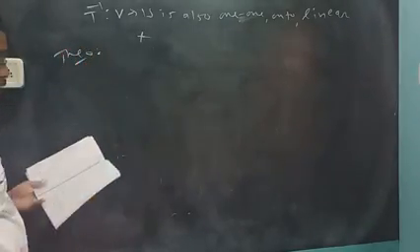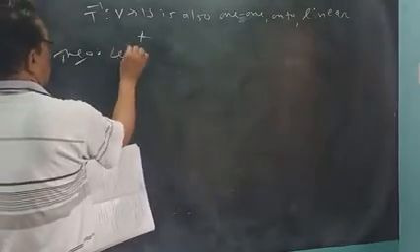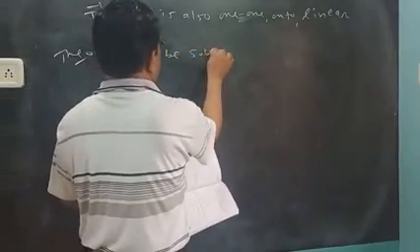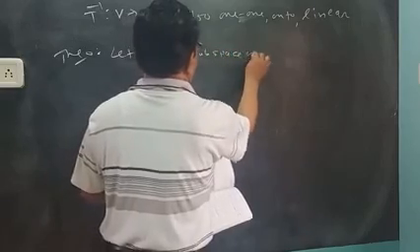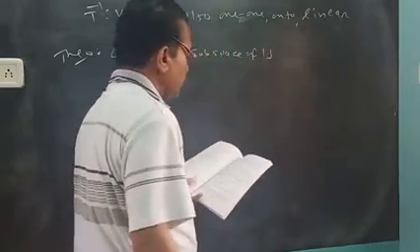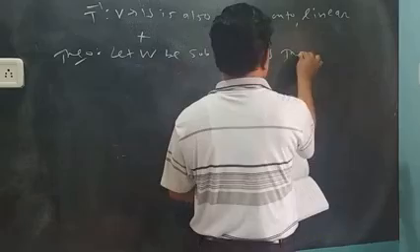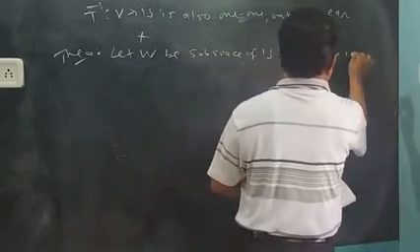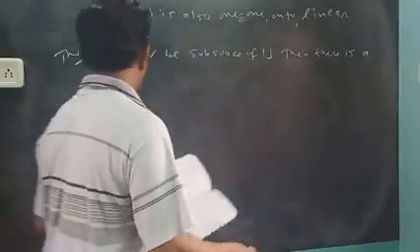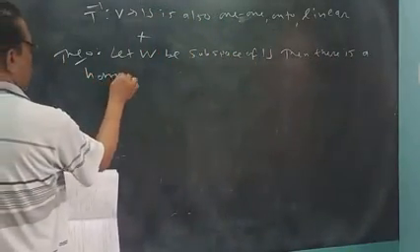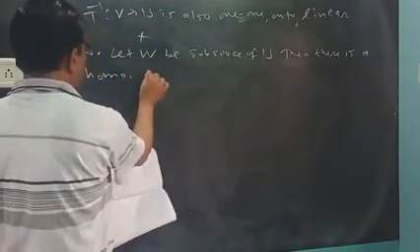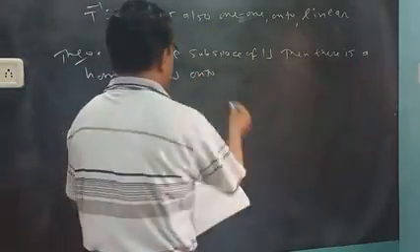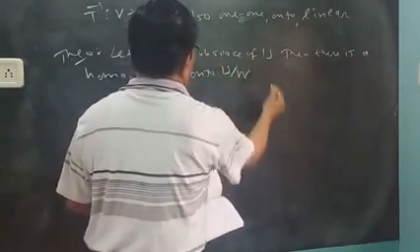For this theorem also, we take the proof. So let W be a subspace of U, then there is a homomorphism mapping, a homomorphism mapping of U onto U by W, the quotient space.